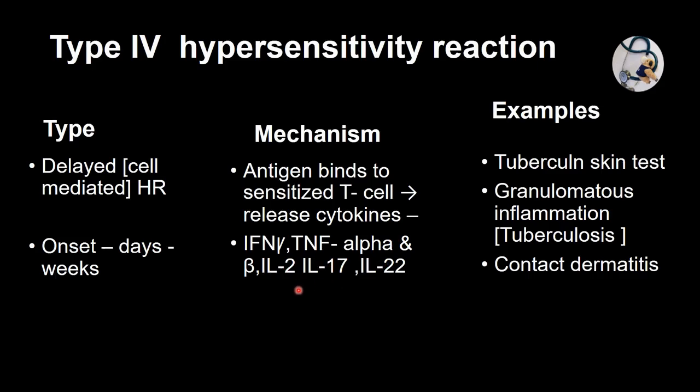Cytokines are interferon gamma, tumor necrosis factor alpha and beta, interleukin 2, interleukin 17, interleukin 22. The example is the tuberculin skin test, that is the Mantoux test which you do to diagnose tuberculosis in children. Granulomatous inflammations, the good example is tuberculosis, and contact dermatitis. So all these fall under type 4 hypersensitivity reaction.